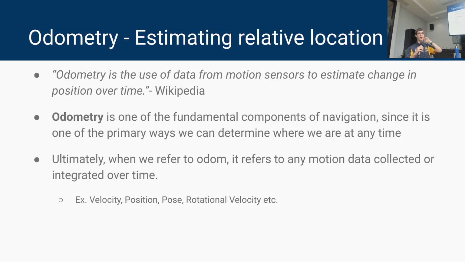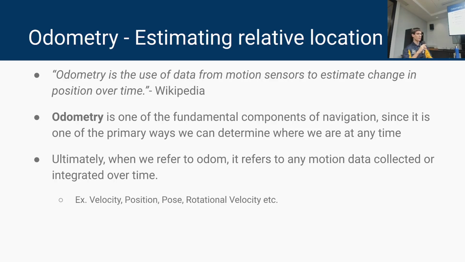That would be a piece of odometry. So I refer to odometry as odom. When I'm saying that, think of motion data, essentially. The reason this is so fundamental is that no matter what you're doing, odometry is how you sense your motion. It's all of those motion sensors combined into one structure.